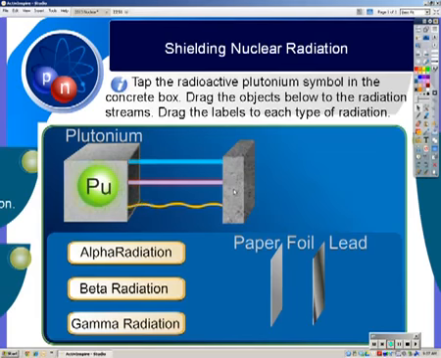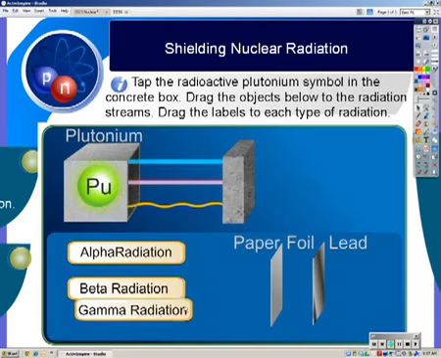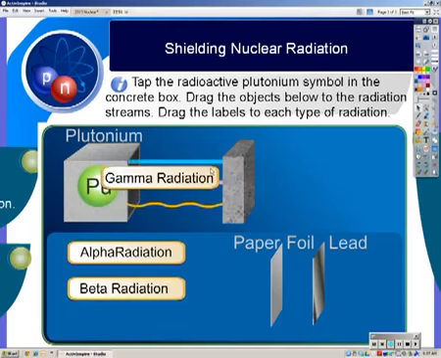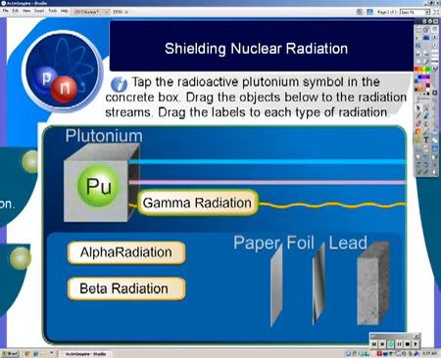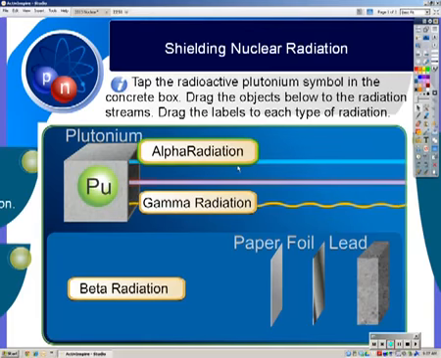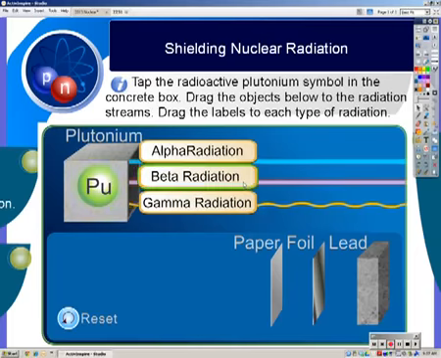Given that information, we know that gamma radiation must be the bottom one, because that was the only one stopped with just lead. While alpha radiation was stopped by paper and beta was stopped by the foil.